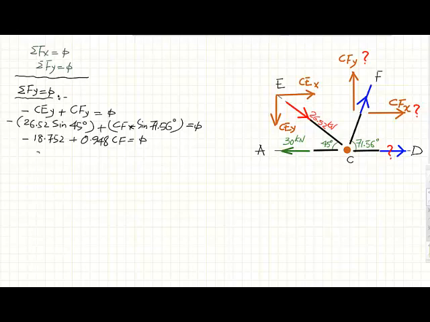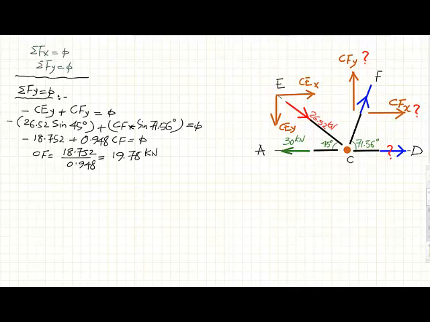Now we isolate CF. CF is equal to 18.752 divided by 0.948, and is equal to 19.78 kilonewton.